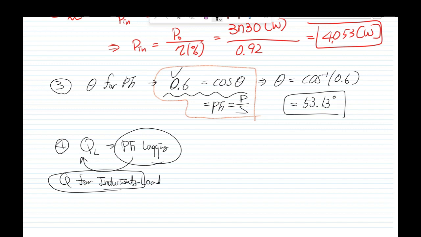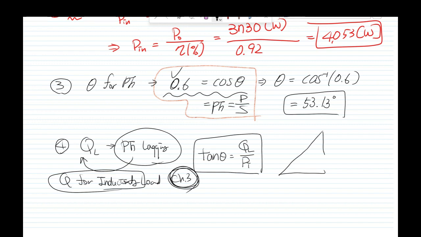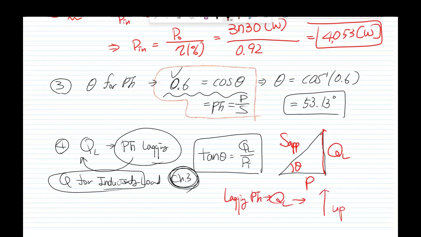You can go back to the lecture, chapter 3, and read the book. So let's say the tangent of theta is Q sub L over P sub I. Why? Because with lagging, the power vector Q sub L points upward.